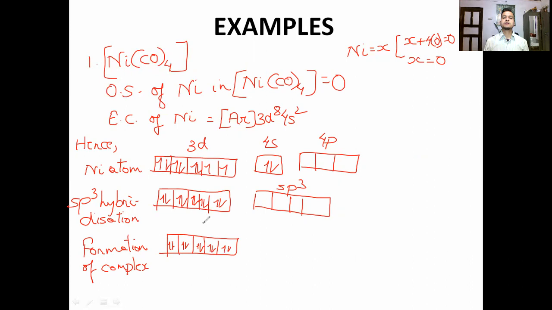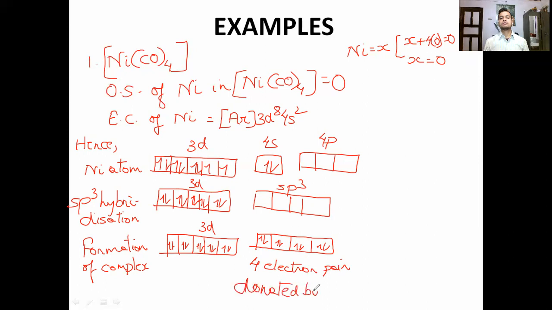So the 3d orbital will remain as it is, and in the sp3 orbitals we get 4 electron pairs donated by the 4 CO ligands.